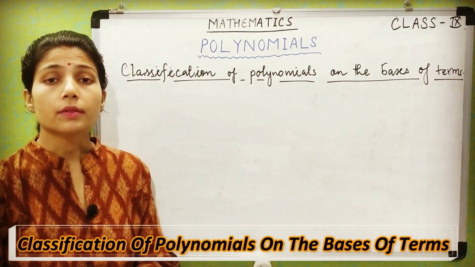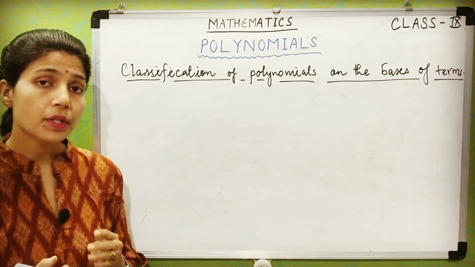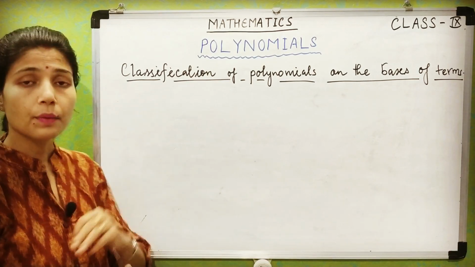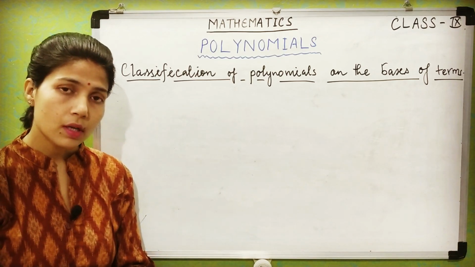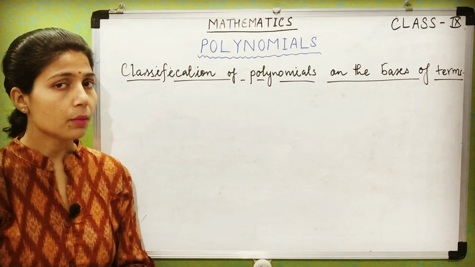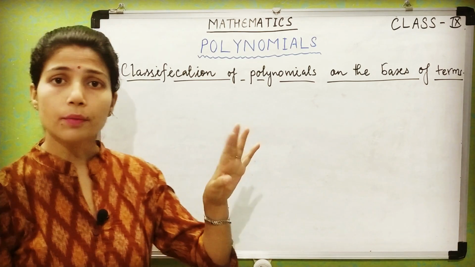Classification of polynomials: there are two ways on the basis of which we can classify polynomials. One is on the basis of terms, the second is on the basis of degree. First we will discuss on the basis of terms.